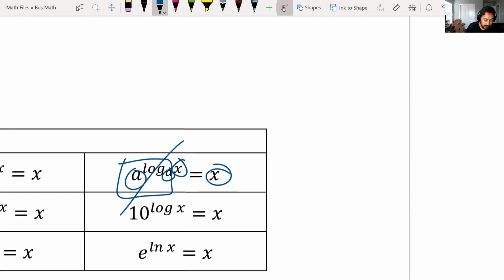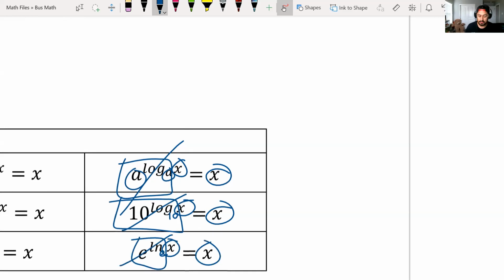Same thing here. This is 10 to the log base 10 of x. These cancel and leave you with x. This is e raised to the natural log, log base e of x. This part cancels and again leaves you with x.